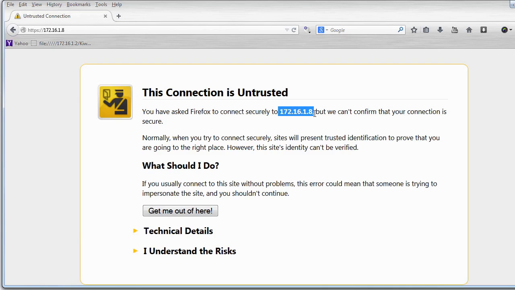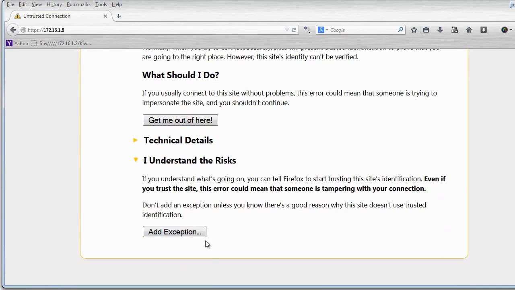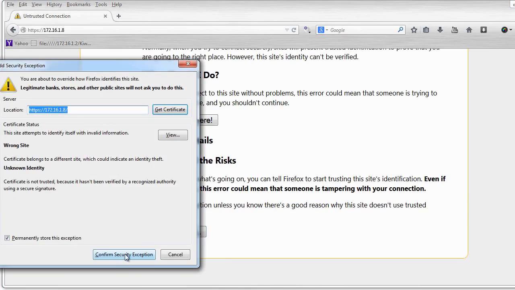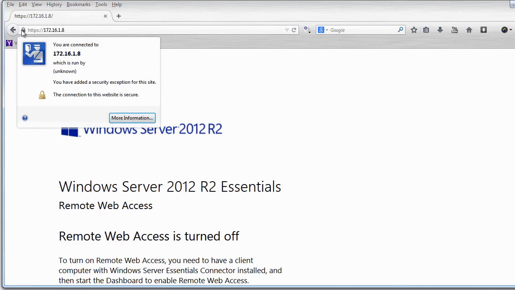That is why you are going to get a message like that, and if you are okay with that, you can confirm and connect. Please note that Firefox will tell you that the connection to this website is secure. The main issue is that we cannot verify the certificate.